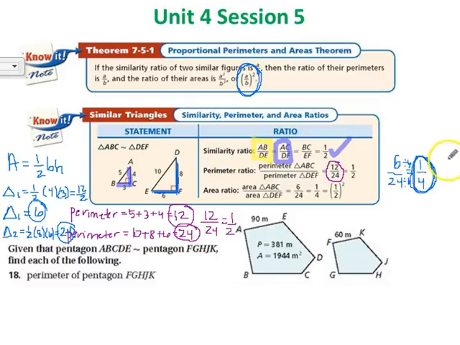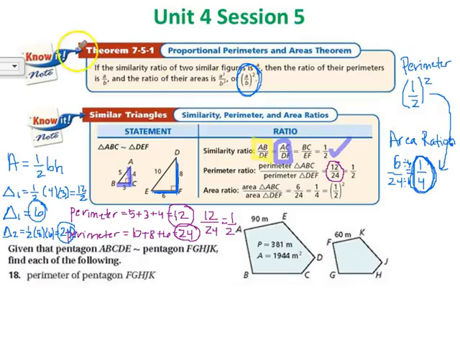What you can notice is that the area ratio is 1/4, and our perimeter ratio was 1/2. If we square the perimeter ratio, it gives us the area ratio.